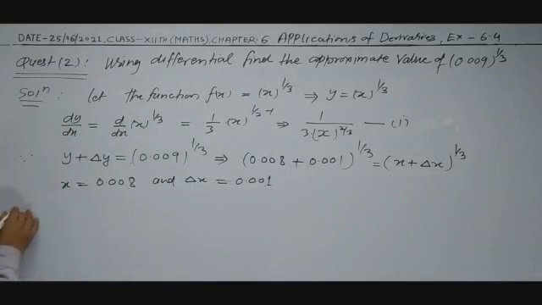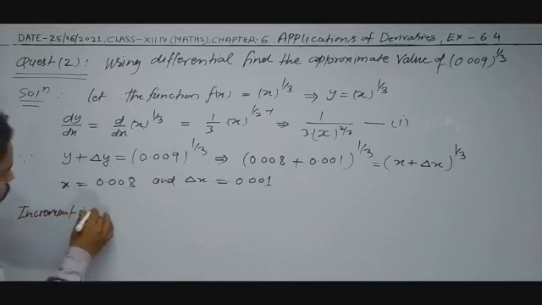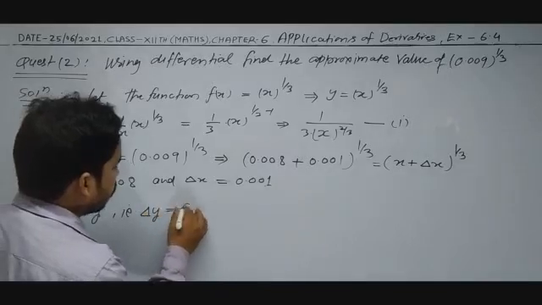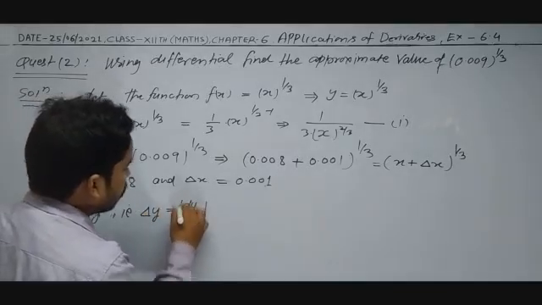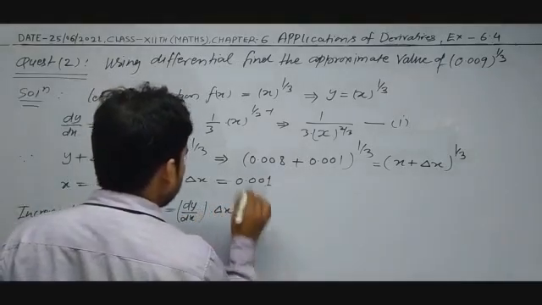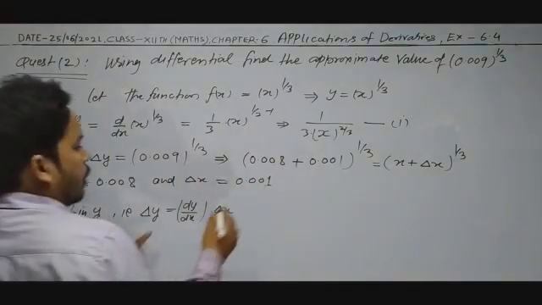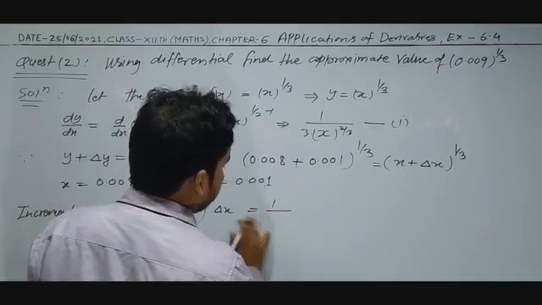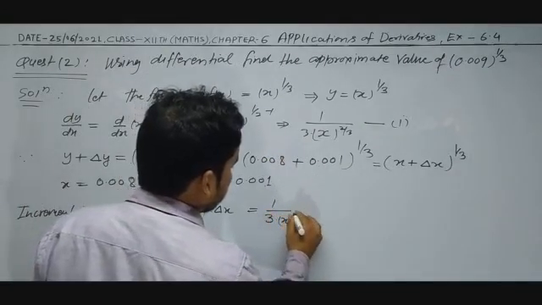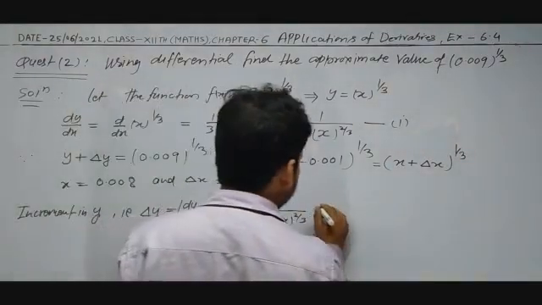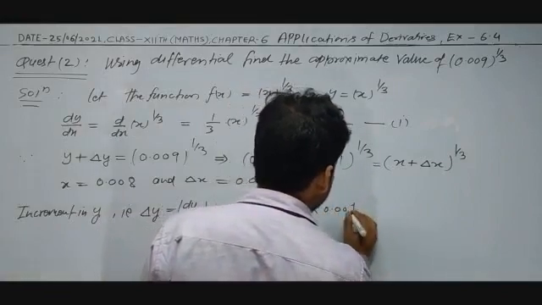And the increment in y, that is del y, is equal to dy by dx of del x, and dy by dx, you know, the result is 1 upon 3 times x to the power 2/3 into del x value, 0.001.